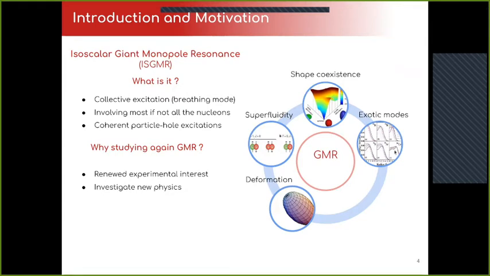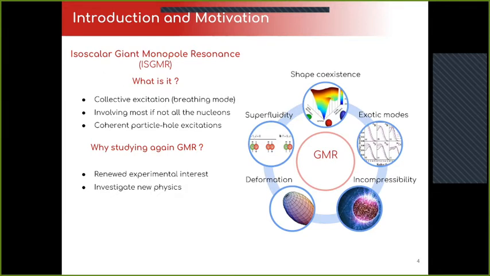For example, in this picture, I'm showing some densities from bubble nuclei, which could eventually affect the nature itself of the monopole resonance. And last but not least, how all these specificities affect the nuclear incompressibility.